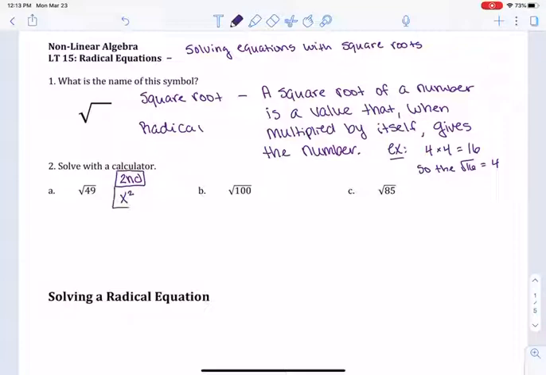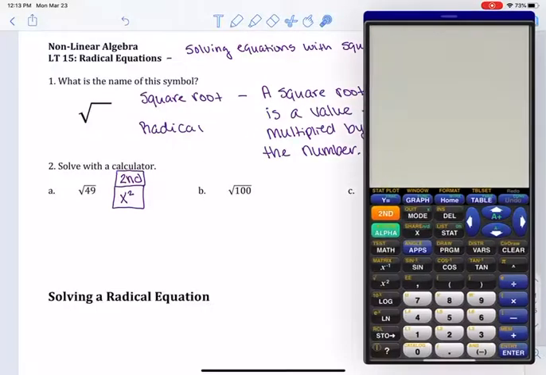Those are the buttons. If you look at my calculator here, the second button is right there, and the x squared button is here. Notice how there's a little square right above that x squared. That tells me that's the correct one to use, but I have to press the second button first. So second, x squared. Then I'm going to type 49, and that's 7.